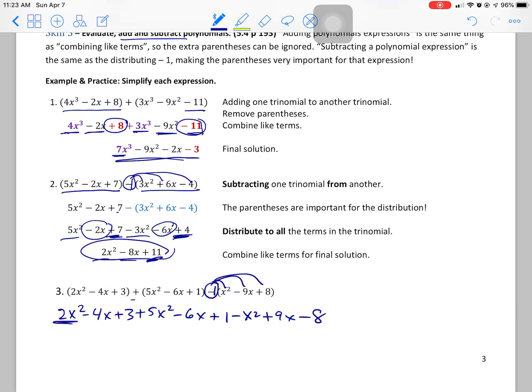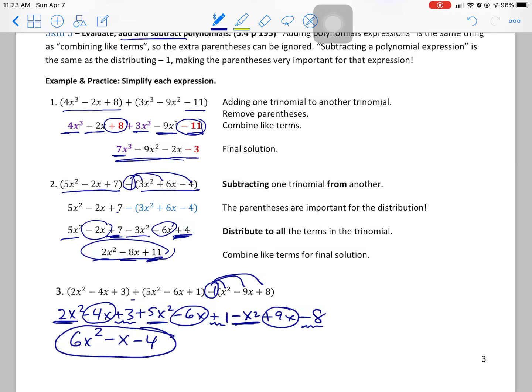All right, now 2, 2, 2. 7 minus 1 is 6. Right here. Right there, that's a negative 10 plus 9 is a negative 1. And then that one, and that one, that's a 4 minus 8 is a negative 4. No gaps. That's your leftover.